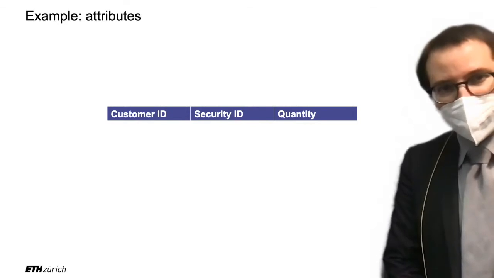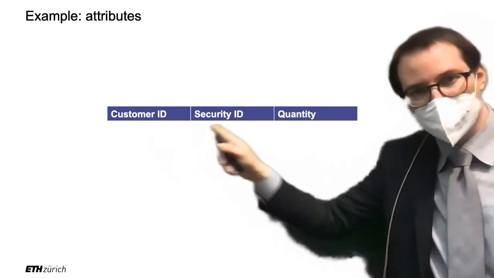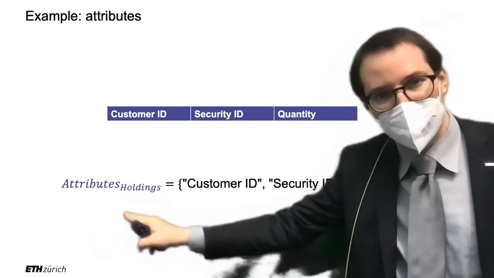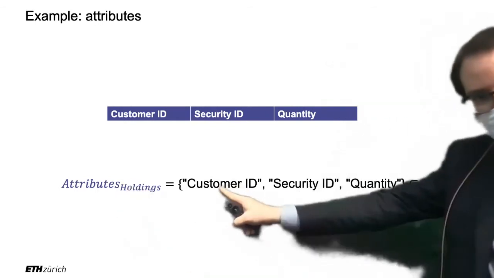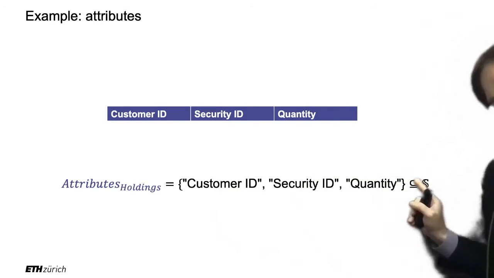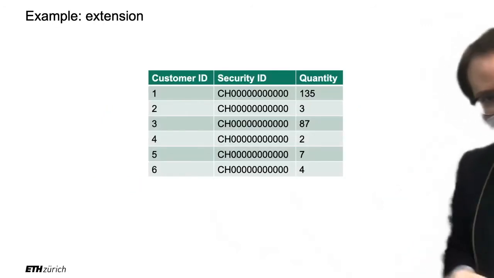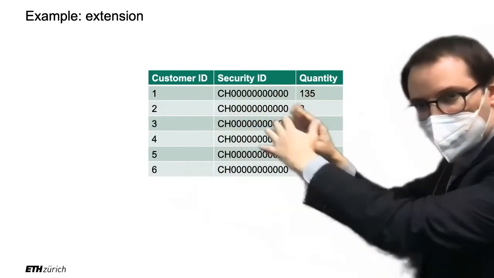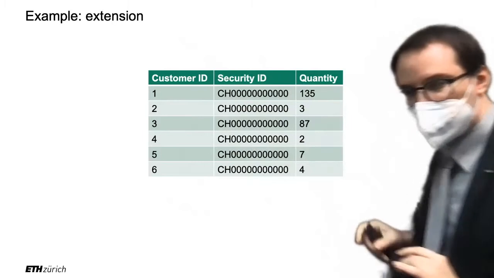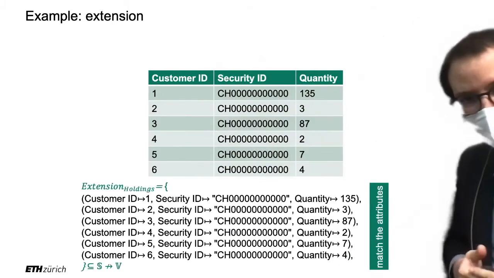All right, here's another example where we have 3 attributes: customer ID, security ID, quantity. So my set of attributes in that table that I call holdings is customer ID, security ID, quantity. It's a subset of the set of strings. That's how I define my attributes. And now I add an extension, which is a set of maps in there. All these maps must have their supports matching exactly my set of attributes.